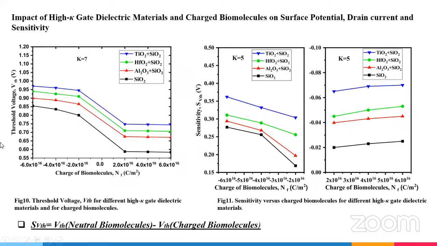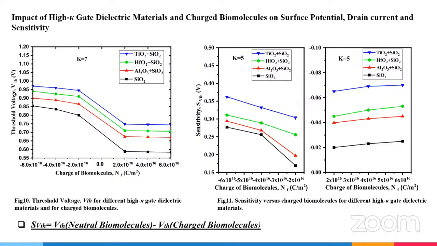For negatively charged biomolecules, when we are integrating them, the flat-band voltage will increase, which leads to an increase in threshold voltage. So the threshold voltage here is increasing. And for the positively charged biomolecule, we have found that the changes are there, but they are not very prominent.